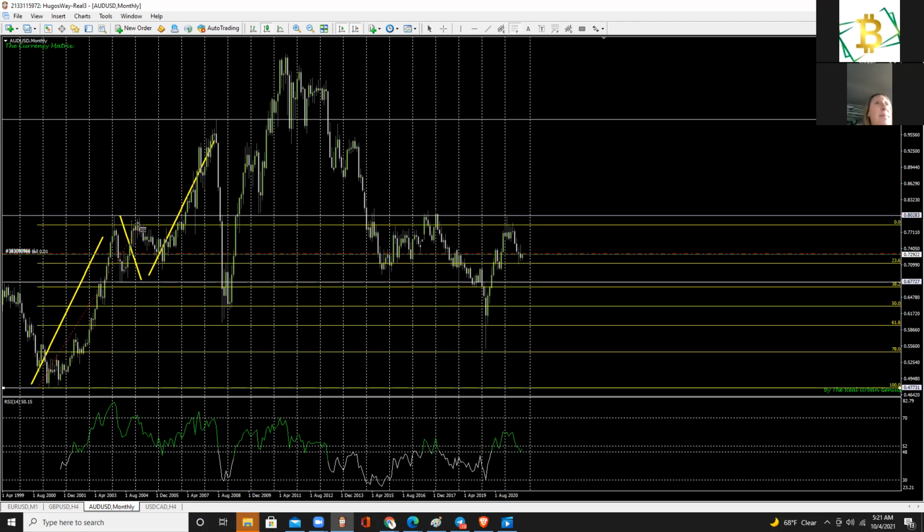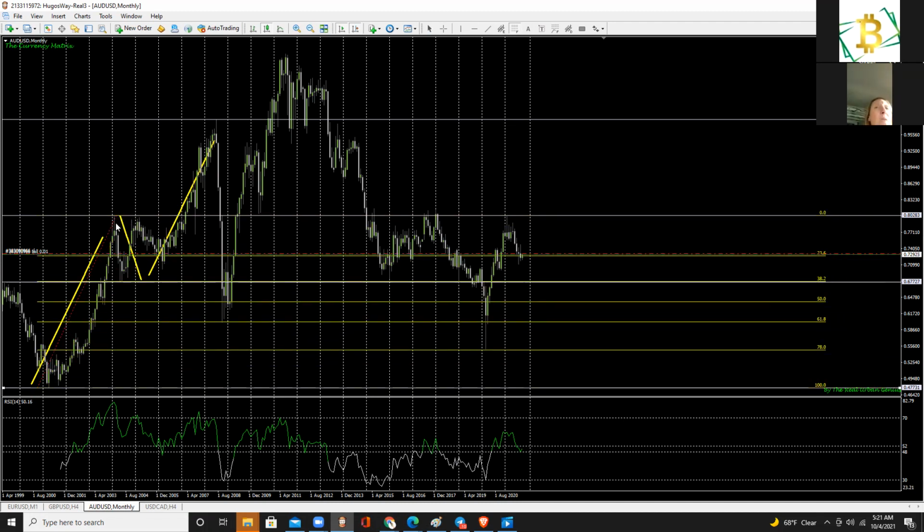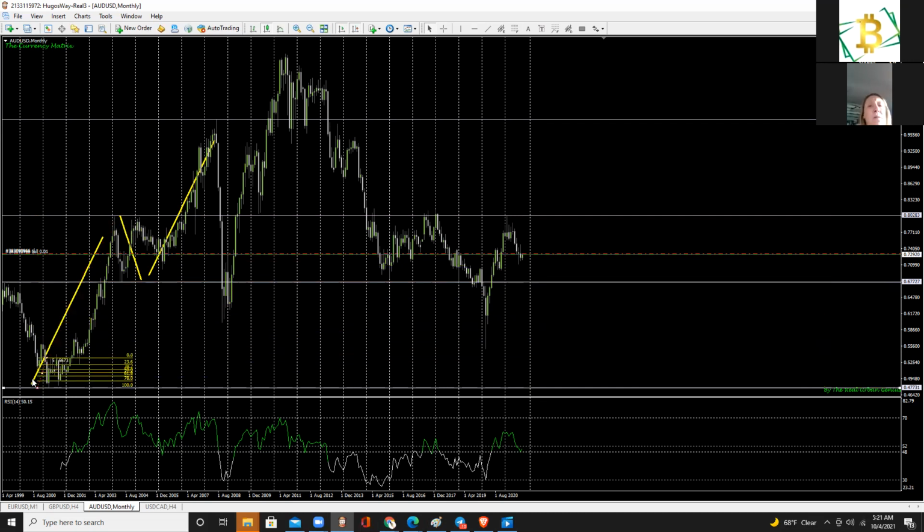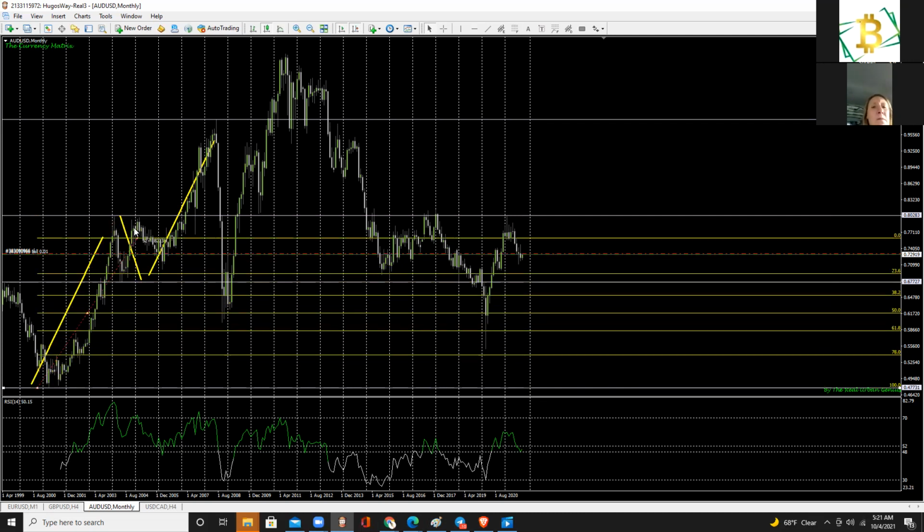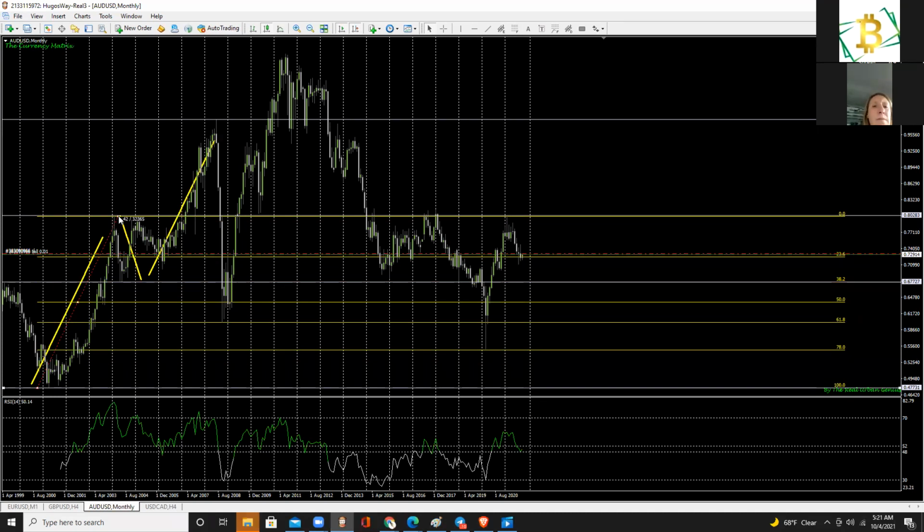So now we have potentially an ABCD pattern. This is past tense. So of course, first you want to do the data from the past in order to accurately analyze price in real time. So that's what I'm doing here now. And off of this swing low to the swing high, you see we have a bounce here at the 38.